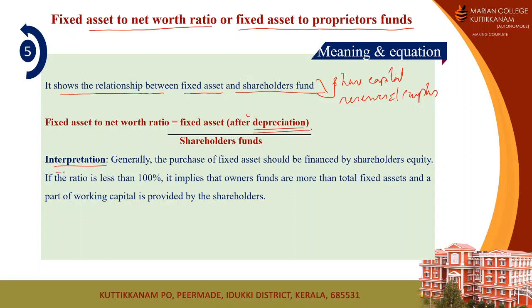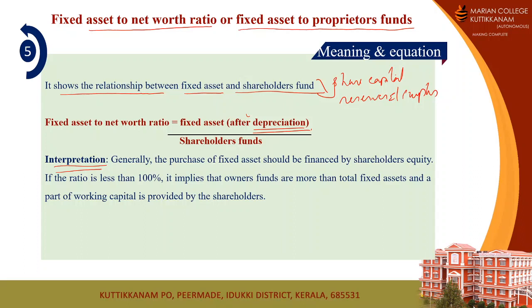And how can we interpret this fixed asset to net worth ratio, or why is it important? Generally, the amount required to purchase fixed assets is financed from share capital, reserves and surplus, that means from the shareholders' funds.